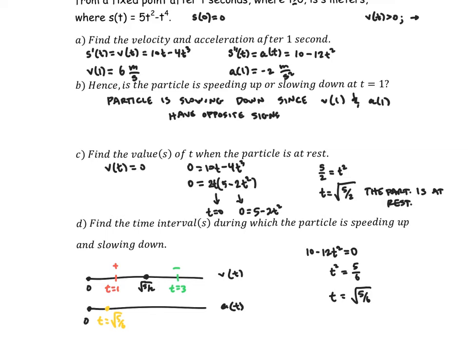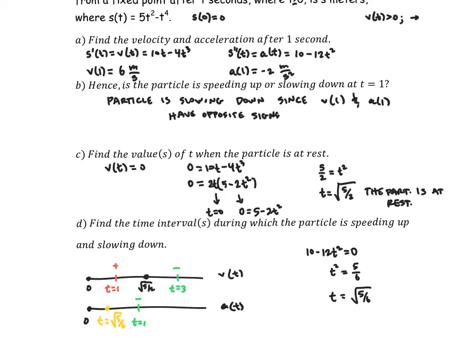Okay, so I'm just going to test one value to the left and one value to the right of the square root of 5/6. I've already done the acceleration at 1. So here's t equals 1, and I found that that acceleration was negative. I just have to test a value between the square root of 5/6 and 0. So I'm going to go with 1/2.